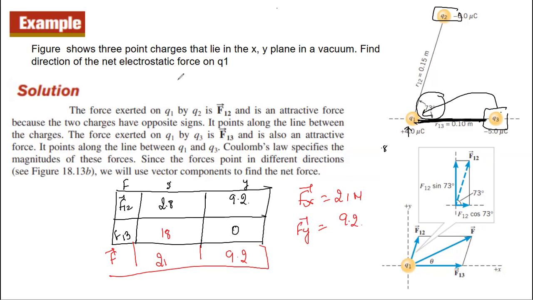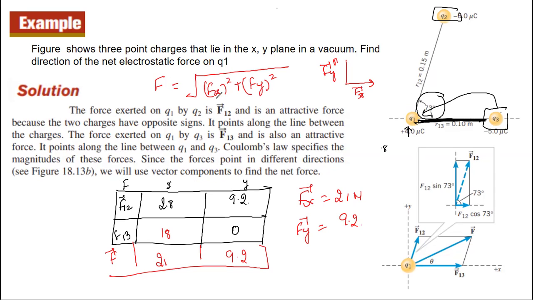So how do we find the force? If I have one vector in this direction, which is Fx, and Fy in this direction, what will be the net or resultant force? If you remember from your prior grades, it can be done like this, right?